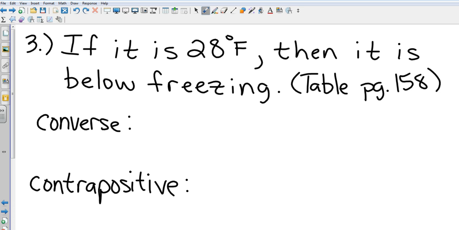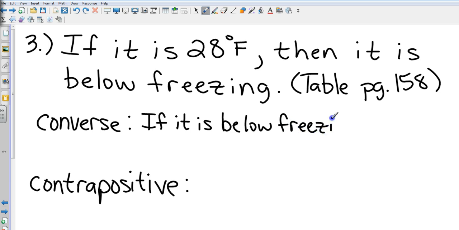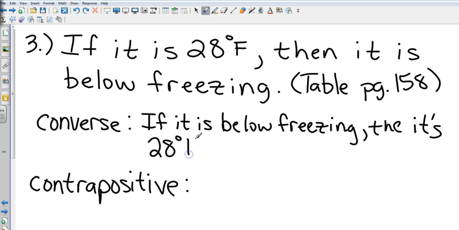So it's going to say, if it is below freezing, then it is 28 degrees Fahrenheit. So for the converse, you would just take the statement and flip it: second part of the statement first, first part of the statement last.